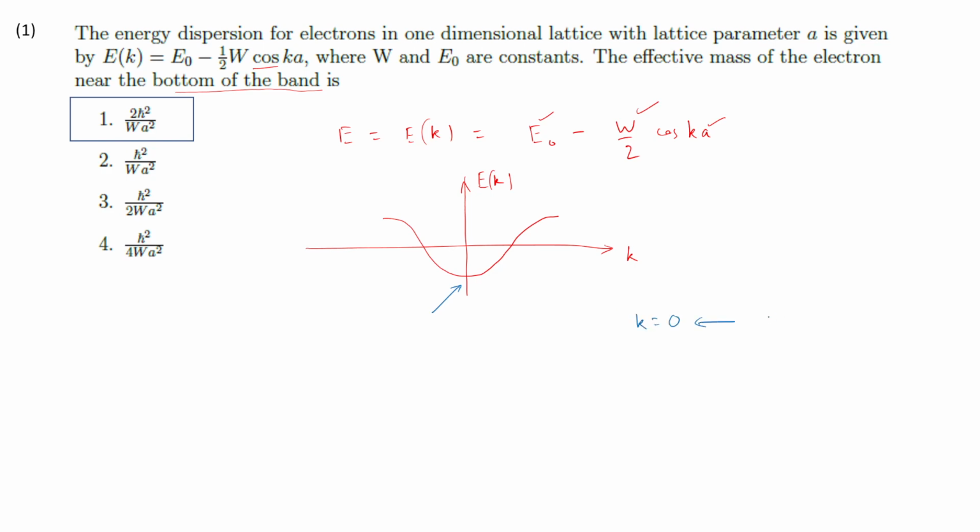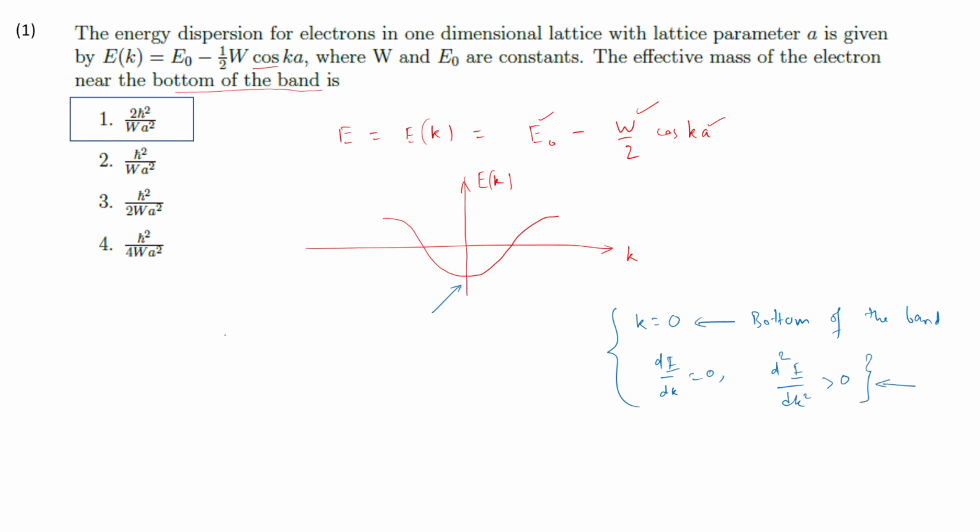So k equal to 0 is the bottom of the band, or the place where dE by dk is equal to 0 and d2E by dk square is positive. Here it is very intuitive to find the bottom of the band, but if the question is somewhat complicated and you don't have any idea of the dispersion relation, then you have to find the bottom of the band by using these two equations.